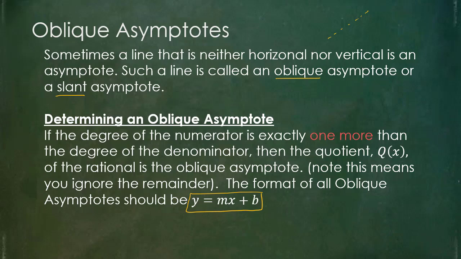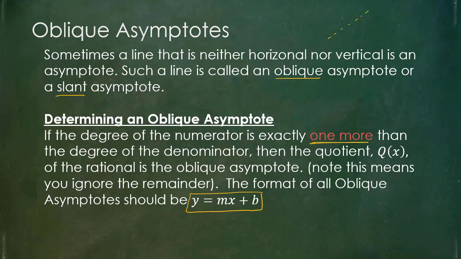Now when this happens, it will only happen if the degree on top is exactly 1 more than whatever the degree on bottom is. So thinking back to horizontal asymptotes, we just said if there's a higher power on top, it won't have a horizontal asymptote. So what we would do at that point is go ahead and move on to this idea and just go, well, was the power exactly 1 more on top?